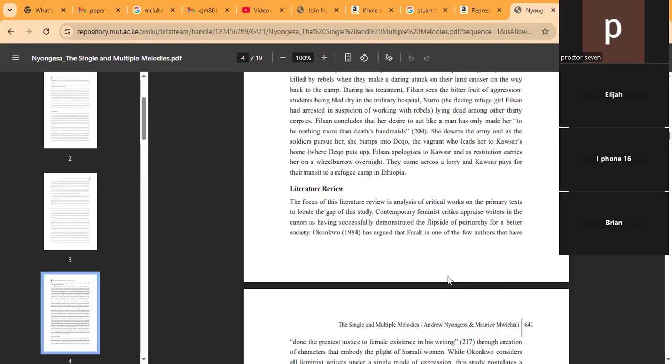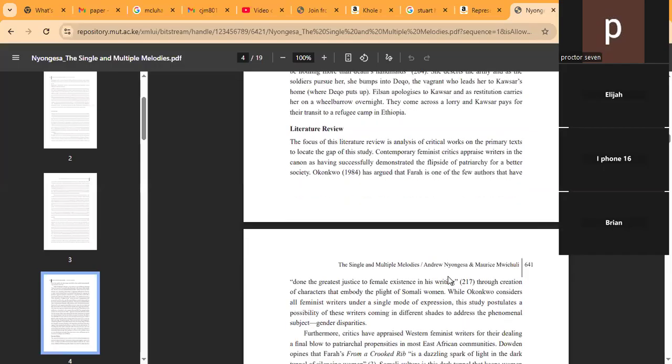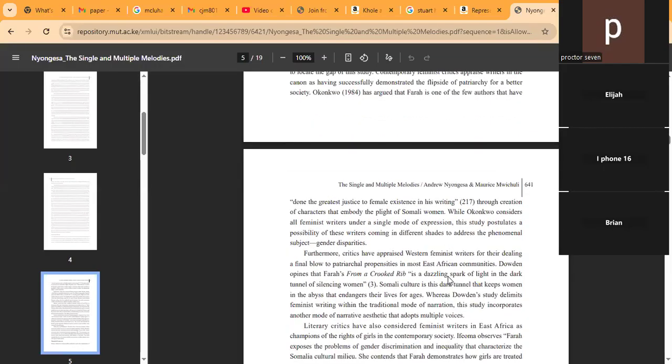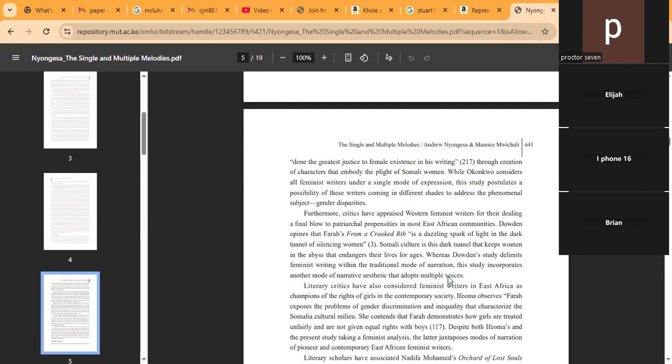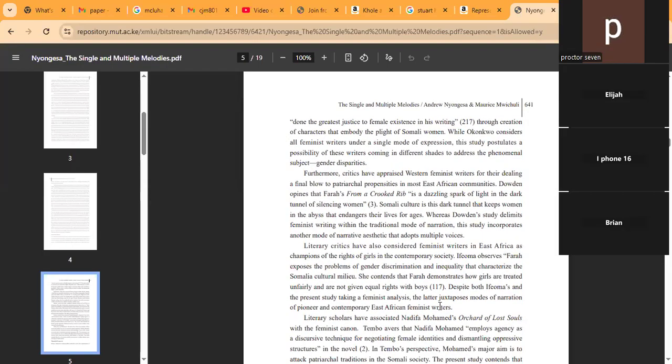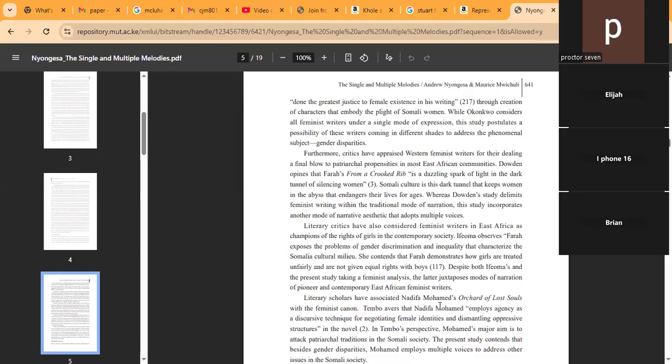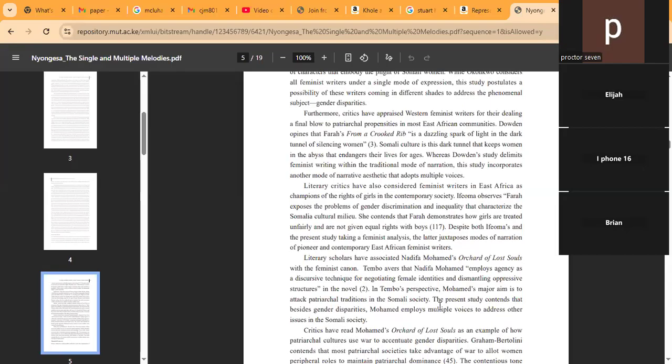But in this literature review, I must also talk about the theoretical review, the major theory I'm going to use. Critics have appraised Western feminist writers. Literary critics have also considered feminist writers in East Africa as the champions of the right. So that is now the feminist theory.